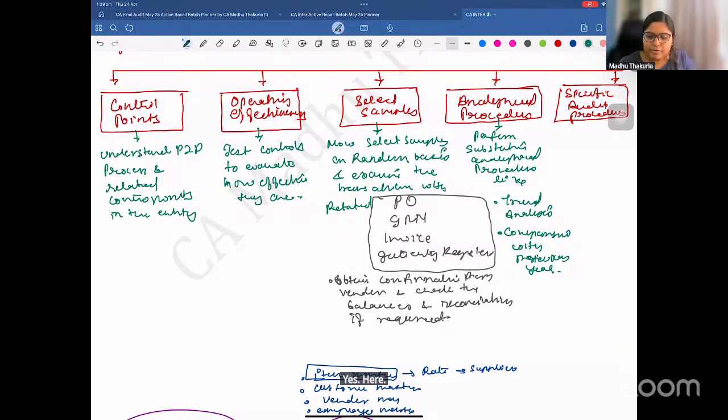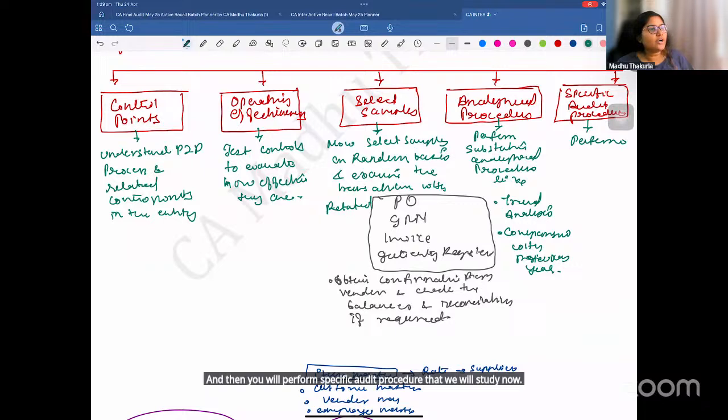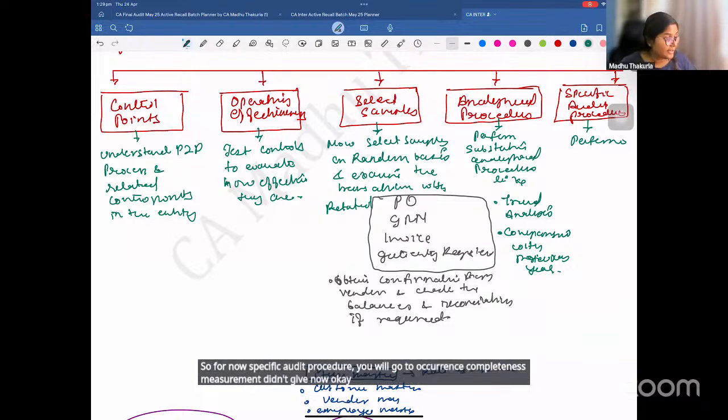And then you will perform a specific audit procedure that we will study now. For now, in the specific audit procedure you will go to occurrence, completeness, measurement, they didn't give now, okay. And analytical procedure. Yeah, here you have a separate analytical procedure.